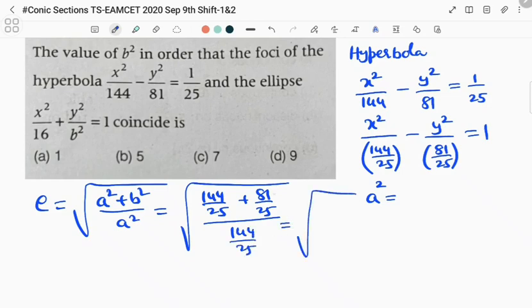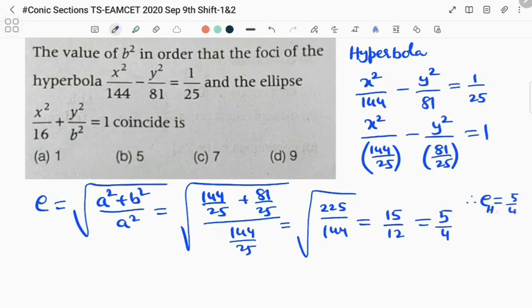So root over 225 by 25, here 25 cancels, by 144. So 15 divided by 12, that we can also write as 3 5s, 3 4s. So eccentricity is 5 by 4. This is EH, you can remember. Eccentricity of hyperbola, 5 by 4.